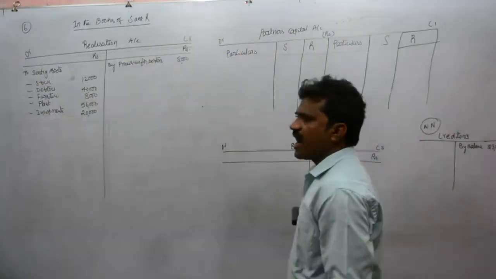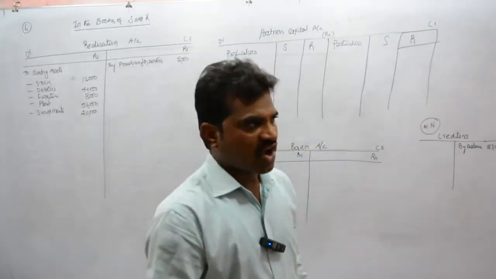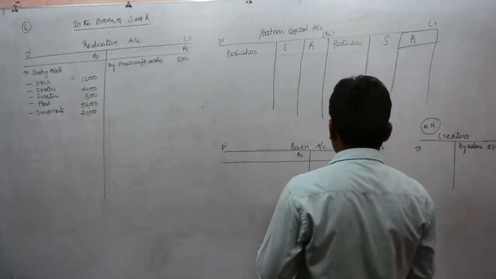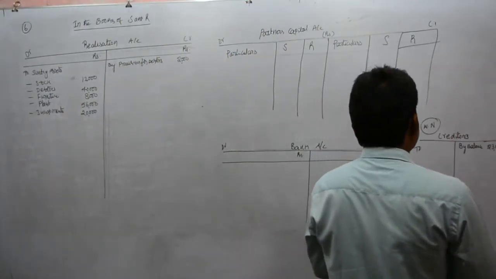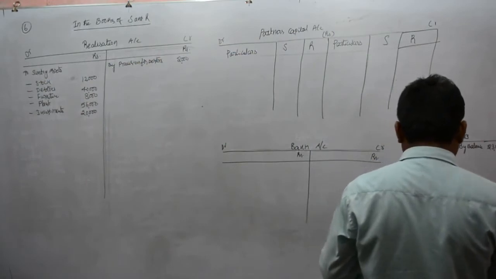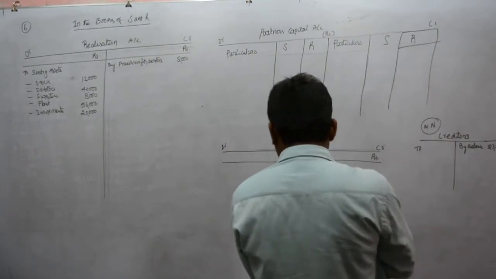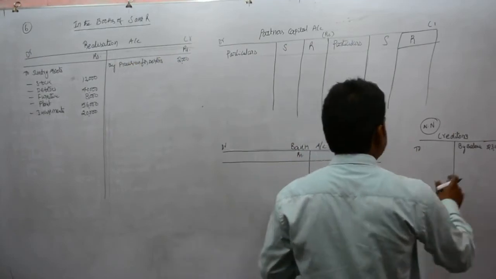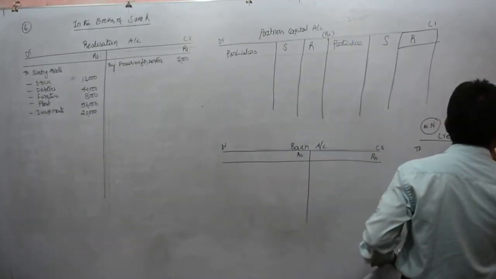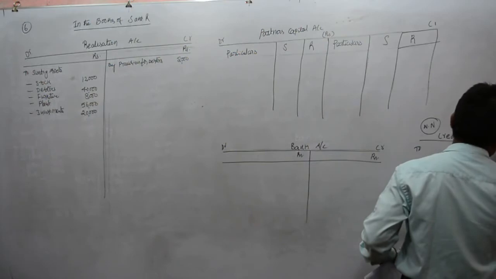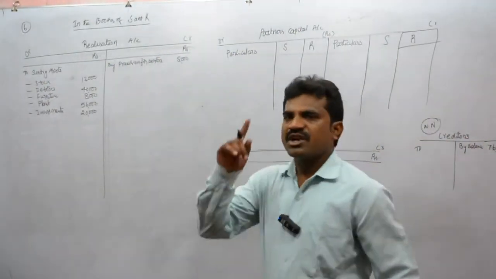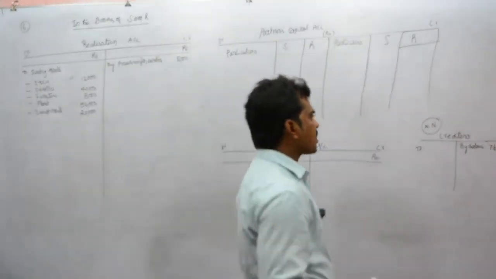For this, 2.5% is the discount. Therefore, what is the cash amount? Sundry creditors in the account are 76,000. Out of the 76,000, we got 2.5% as discount.